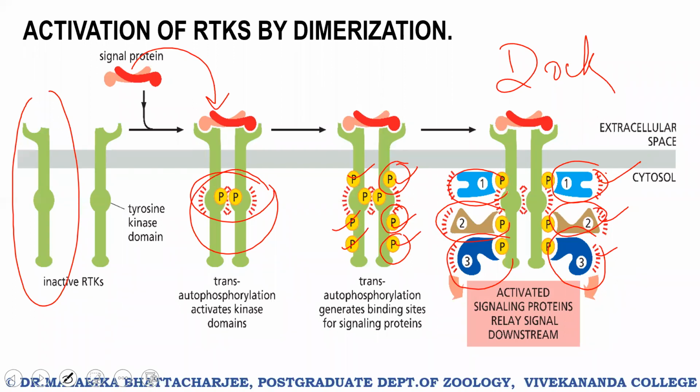So their tyrosine residues are also being phosphorylated. As a result, we are now seeing multiple signaling cascades being operated from this single ligand receptor interaction. So we are seeing an amplification of the signaling occurring with a single ligand receptor binding.